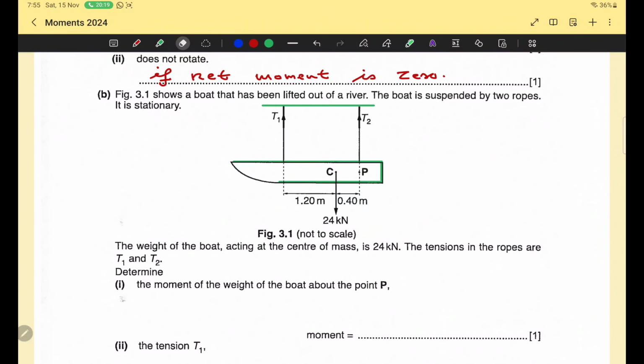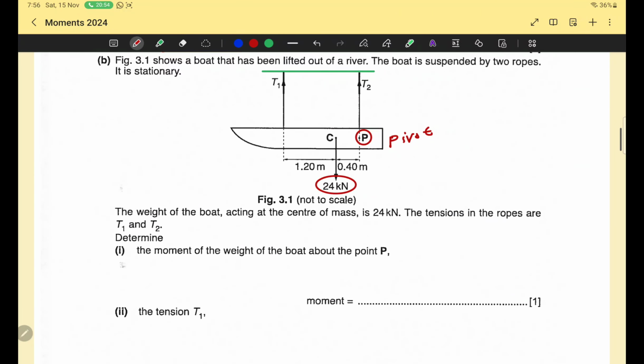The weight of the boat is 24 kilonewton. The tensions in the ropes are T1, T2. The first part: determine the moment of the weight about P. About means this point is the pivot. P is the pivot, and they are asking what is the moment of the weight.